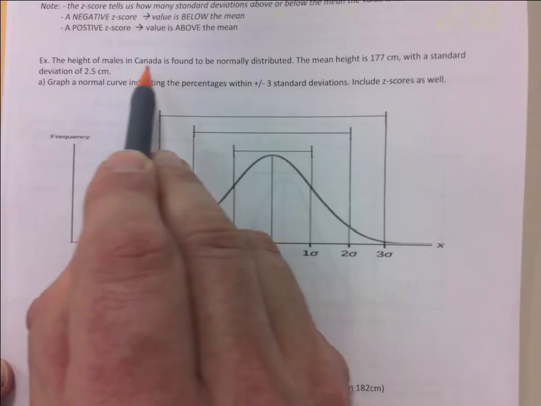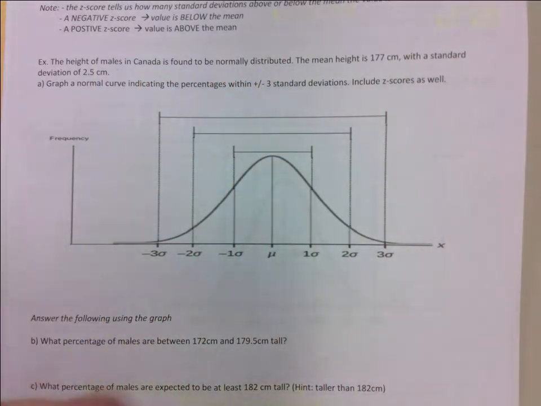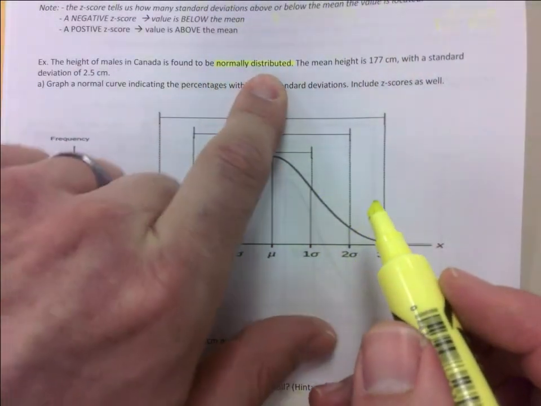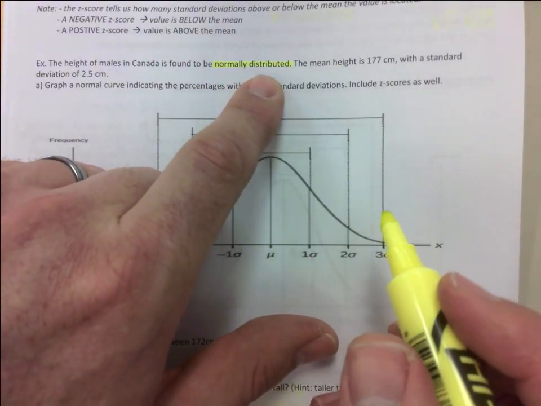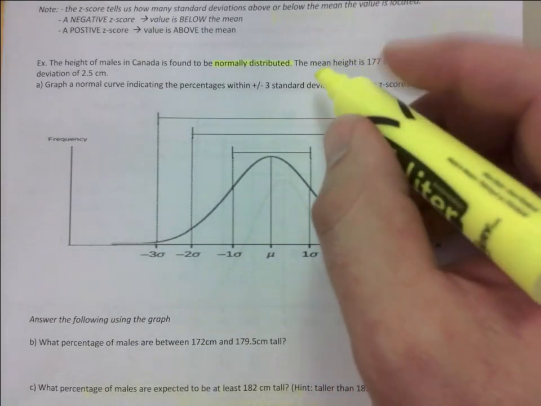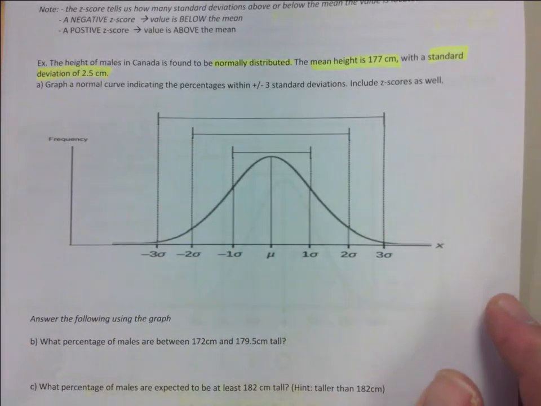The height of males in Canada is found to be normally distributed. That is not just a random normal. We know a lot about it if that's the wording they use. We know that it follows all of the rules that you just wrote down, okay? The mean height is 177 centimeters, and the standard deviation is 2.5 centimeters.